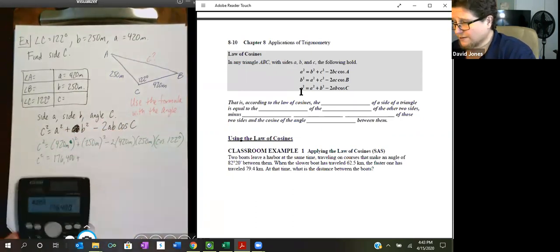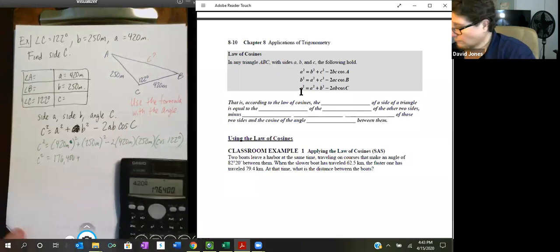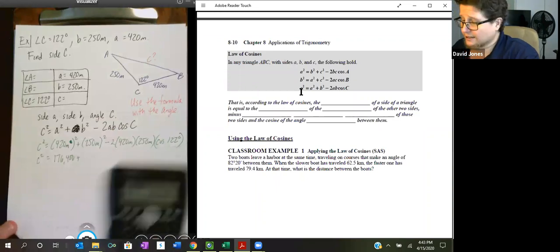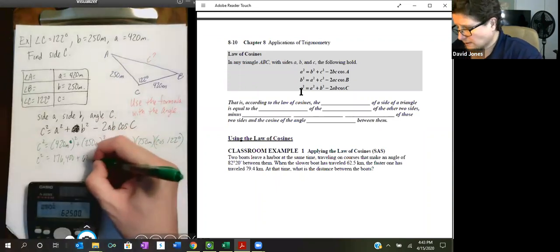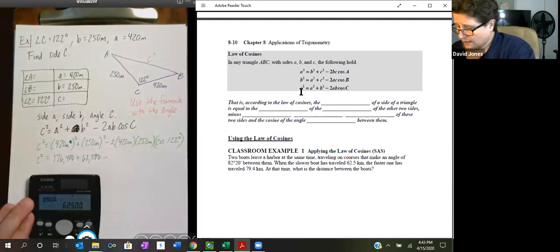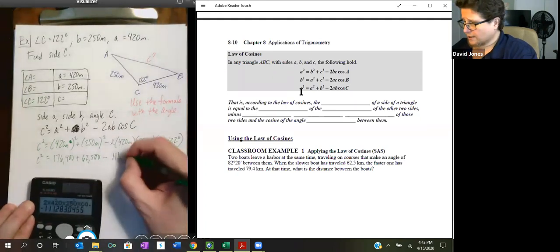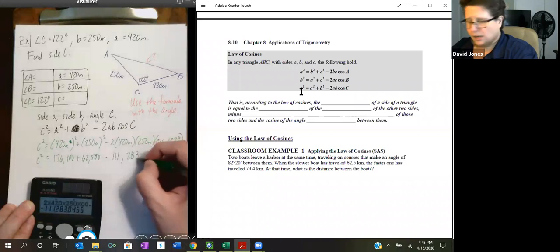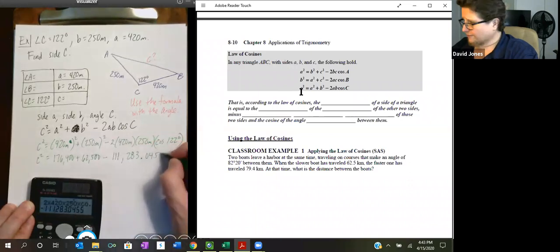Let's see what 250 squared is. 62,500. And then minus, we'll have 2 times 420 times 250 times cosine of 122 degrees, minus 111,283.0455.